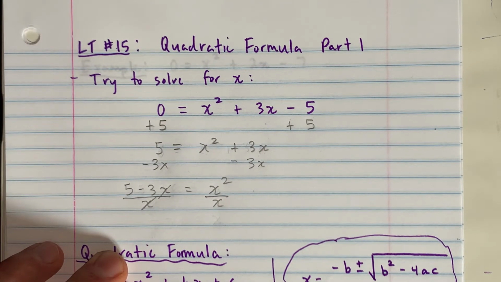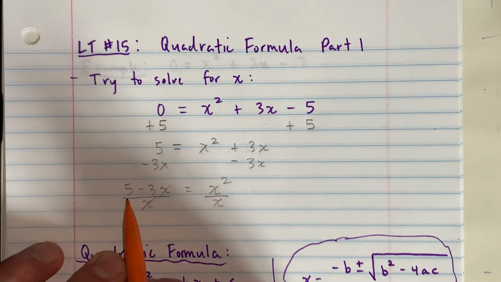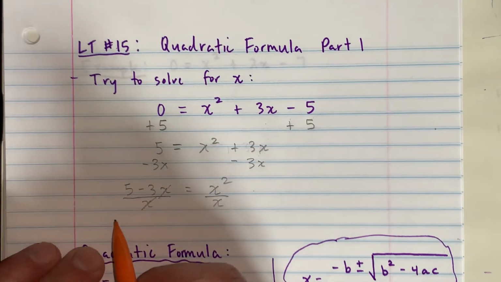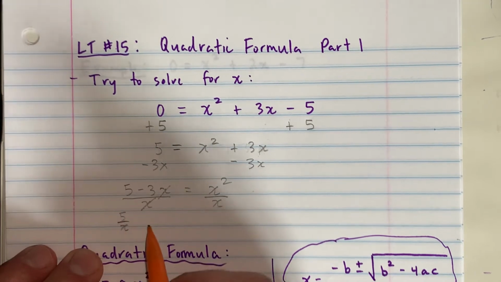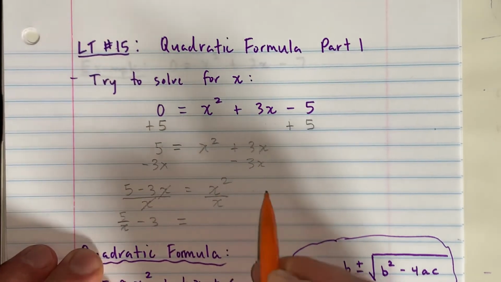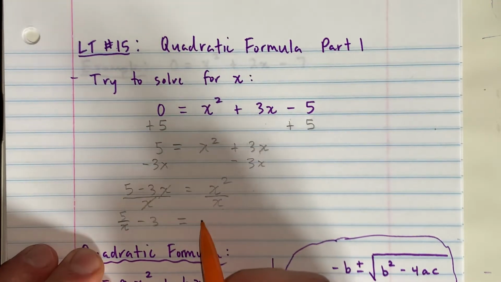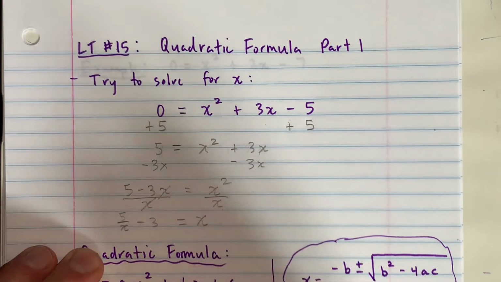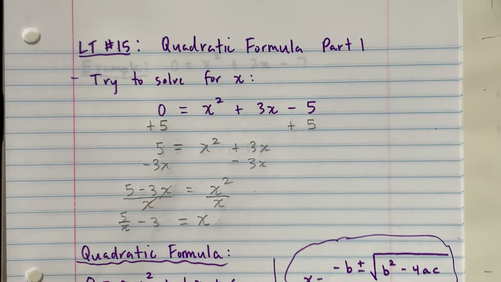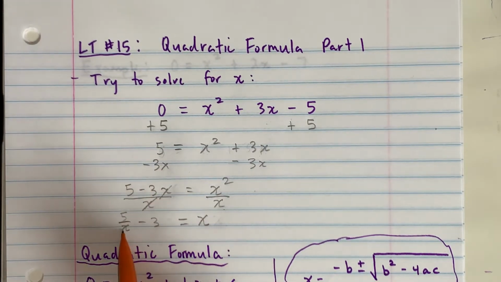So, those cancel. But remember, we still need to divide this by x. So, then we're still left with an x over here. And then x squared divided by x, remember our exponent properties, we would just subtract 2 minus 1. This would just be x to the first power. Okay, so now we have x's on both sides still. Now we have an x in the denominator.